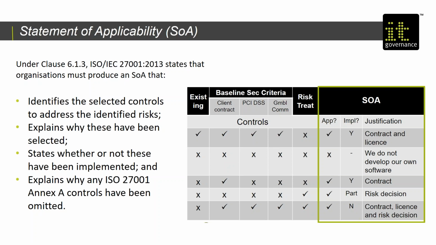I made reference to the fact that a certification document includes the specific version of the statement of applicability that the certification body audited you to, or that was in place at the time of their audit. If your statement of applicability is reissued to reflect a new selection of controls, then the certification body, when they are informed of that or notice that, are required to reissue the certificate reflecting the new version of the SOA.